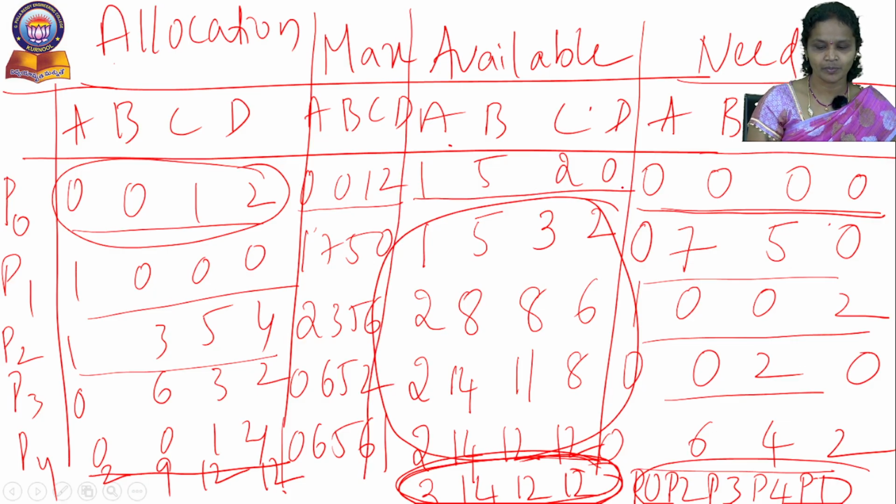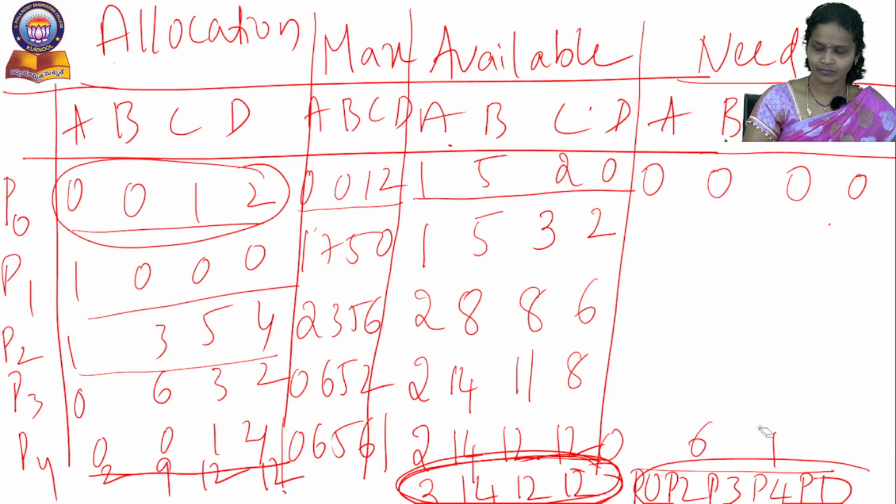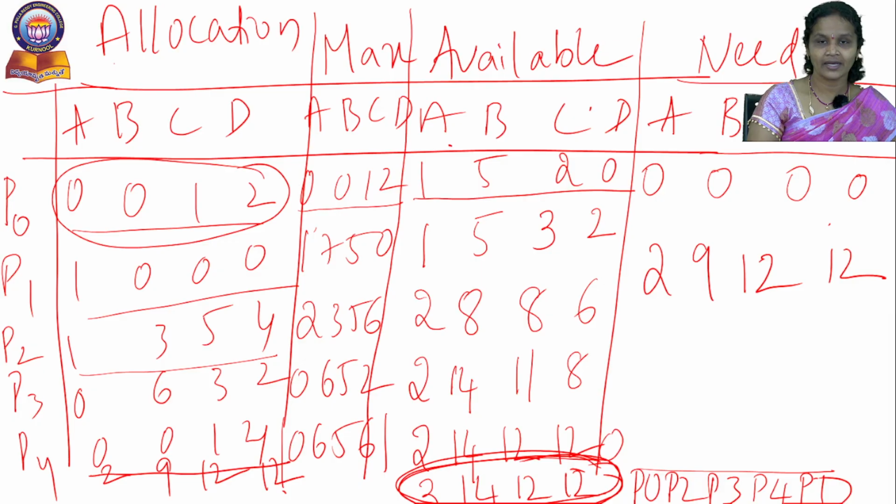So if we sum up, I am erasing this. 2, 9, 12, 12, and the current available resources. That means before we try to find the safe state sequence itself, we need to calculate the total number of resources. So we need to add these values 1, 5, 2, 0.